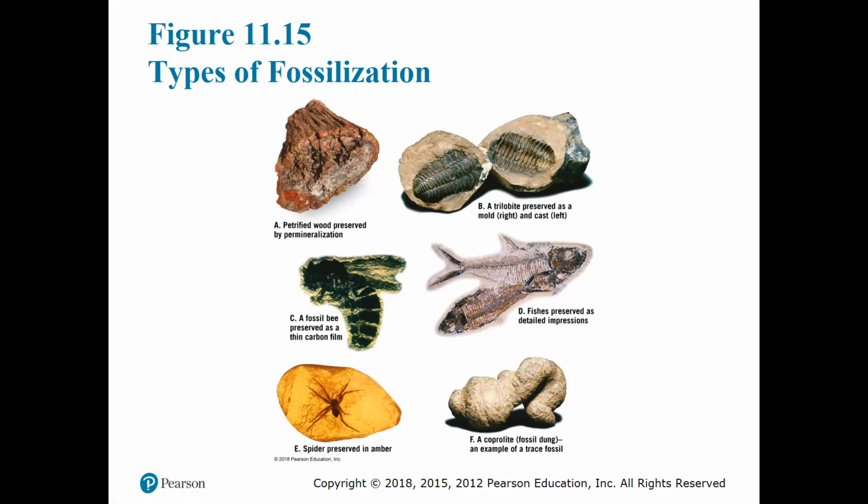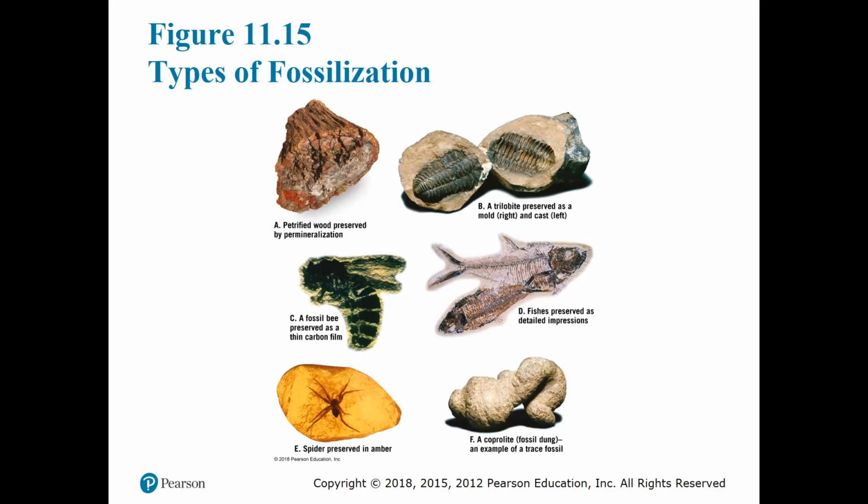So carbon is found in all living organisms. So we can get insects, very delicate animals, as well as plants that are formed like this. Black shale deposited as mud in oxygen poor environments often contains a lot of these carbonized remains.